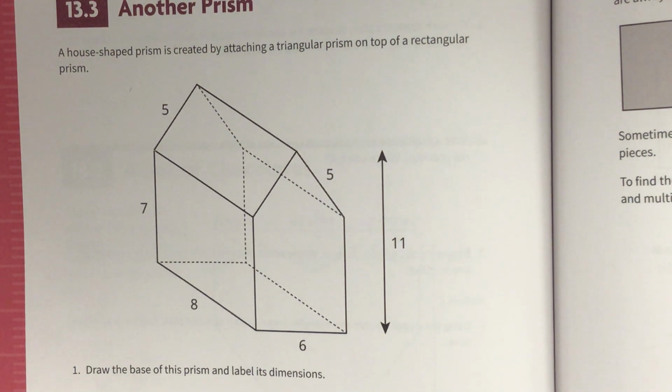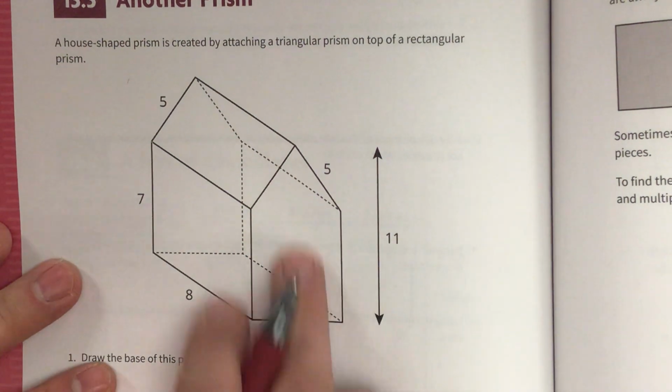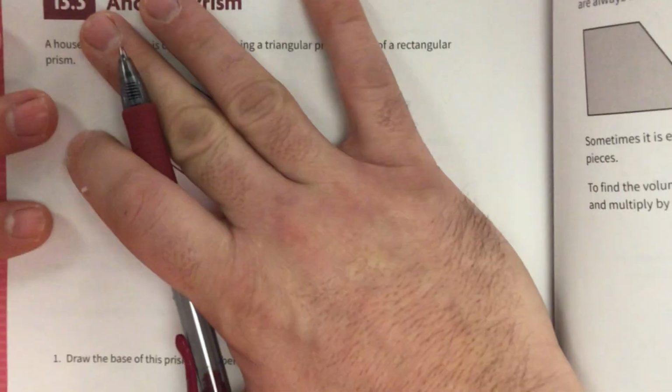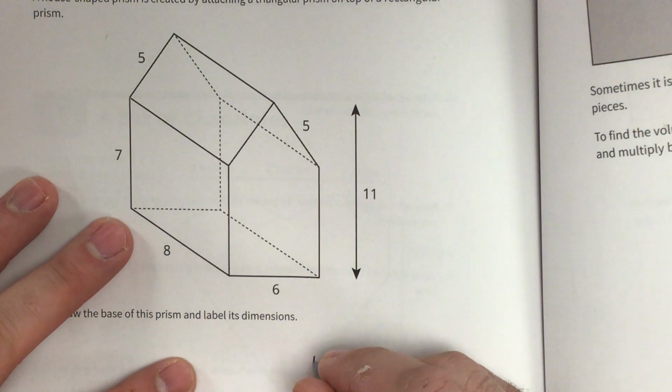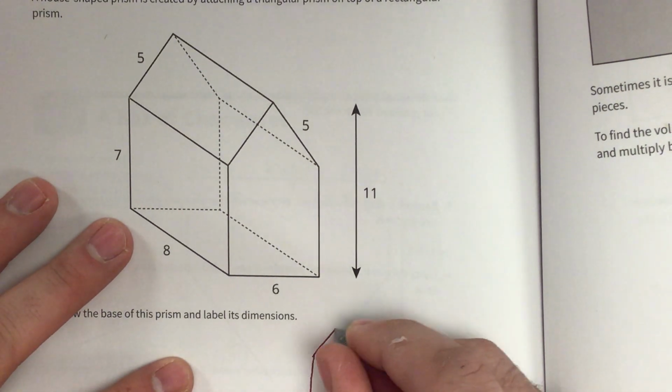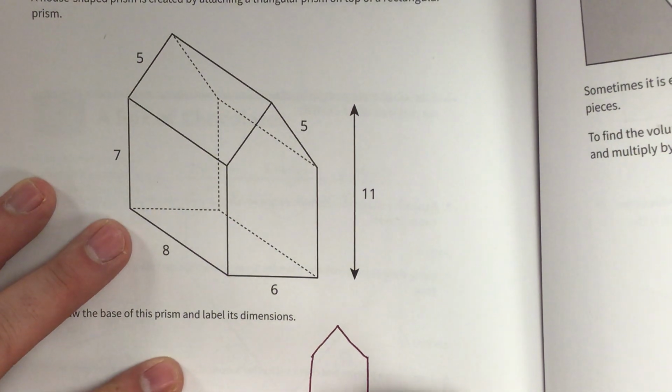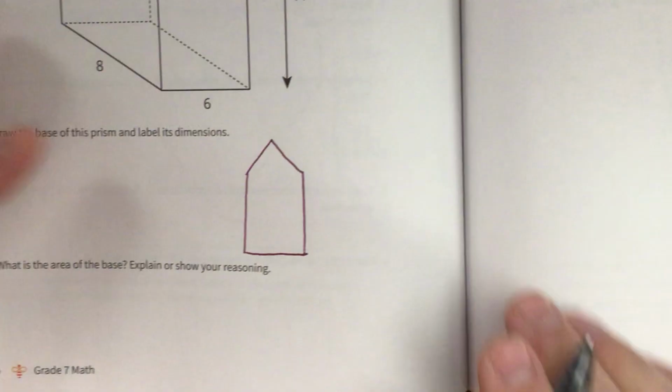And again, where most people struggle with that, they always want to make the bottom the base. That is not the case. The base needs to look the same throughout to be classified as a prism. So the piece facing you is the base. That's where it's got to sit. You'd have to take that shape and flip it down. It doesn't have to be perfect.